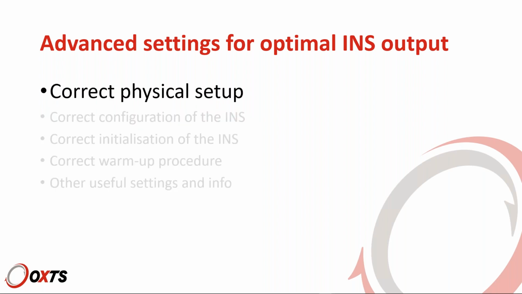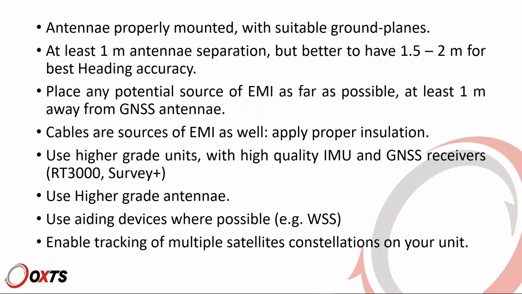So we start with the setup, the physical setup. First of all, you need to have your antennas properly mounted with a suitable ground plane, so protections from multipath. Try to always have the antennas above everything else that you might have on the vehicle, so that nothing can get in the way of the GNSS signal.